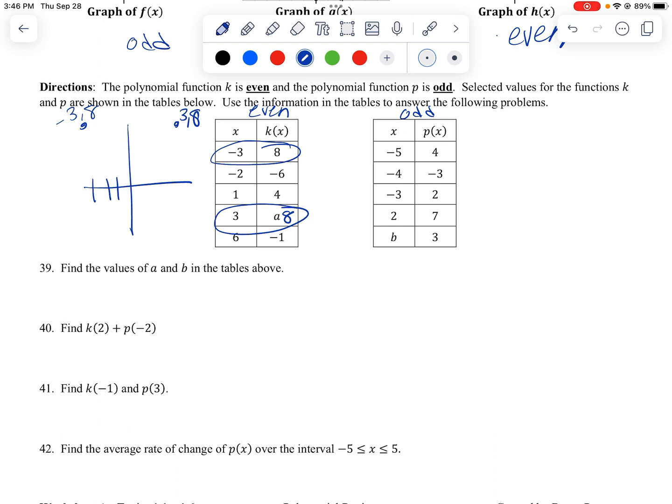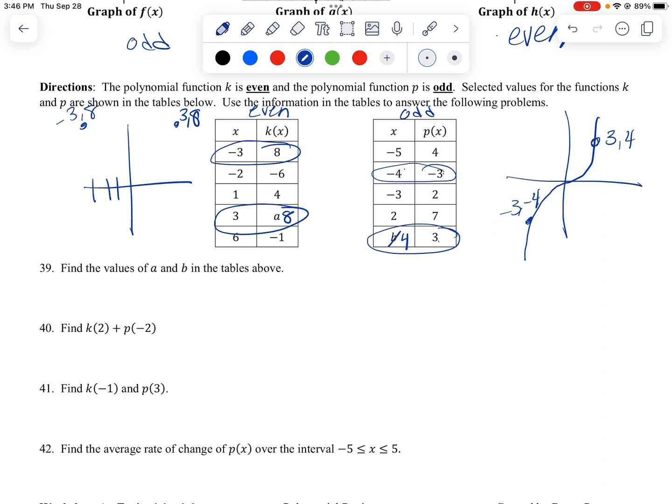And if this one is odd, again, we said if something's odd, it rotates. So if this is 3, 4, over here is negative 3, negative 4. So if this is negative 3 and that's 3, this is negative 4, this has to be positive 4.